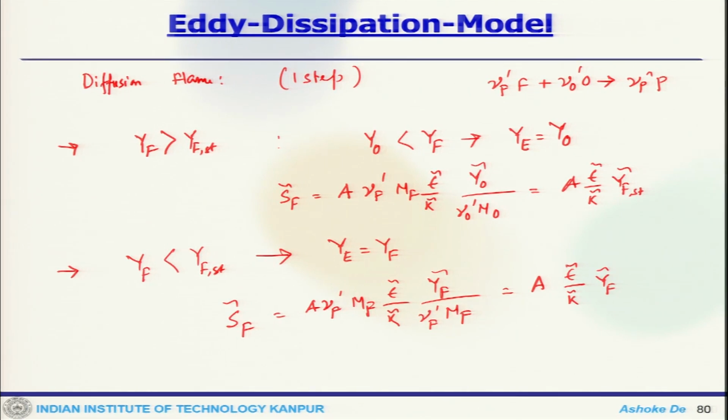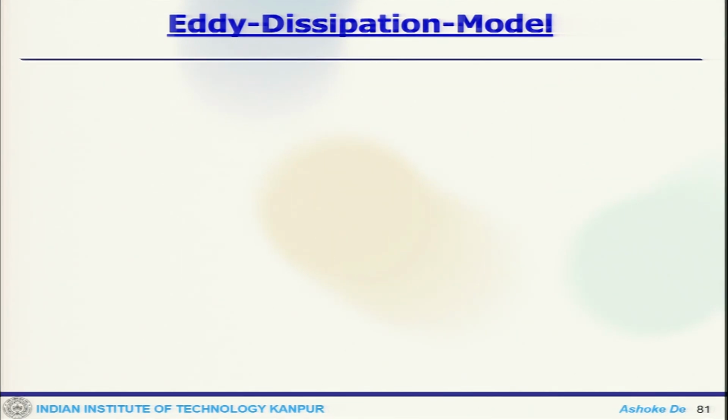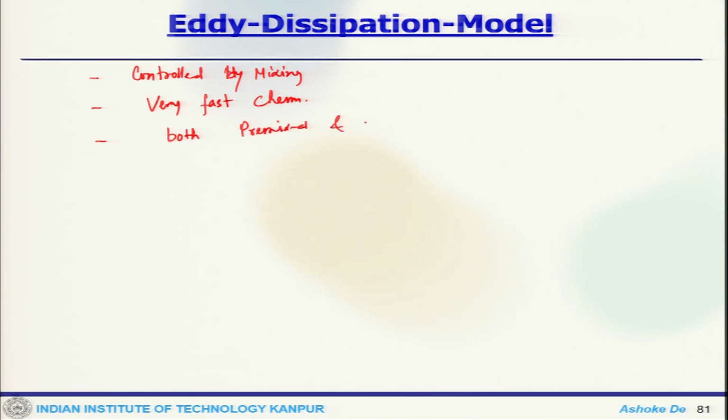Now, if I put some of these issues together, one can see that it is primarily a mixing control phenomenon, that is number one, with very fast chemistry, and it can be applied to both premixed and non-premixed modes.